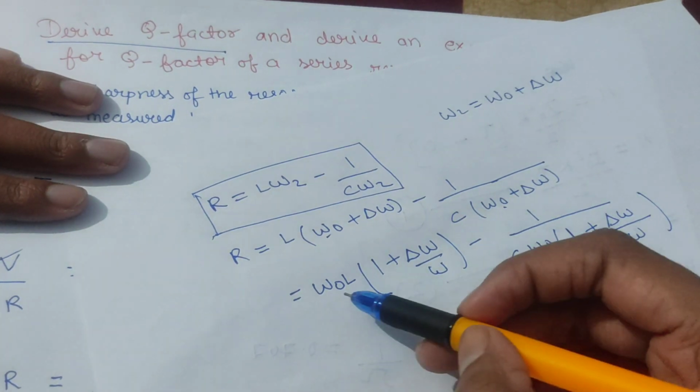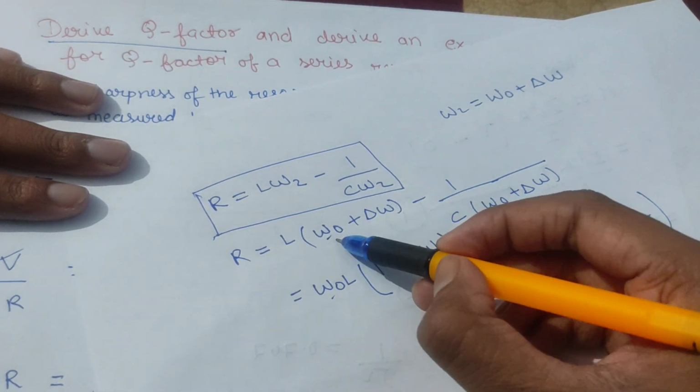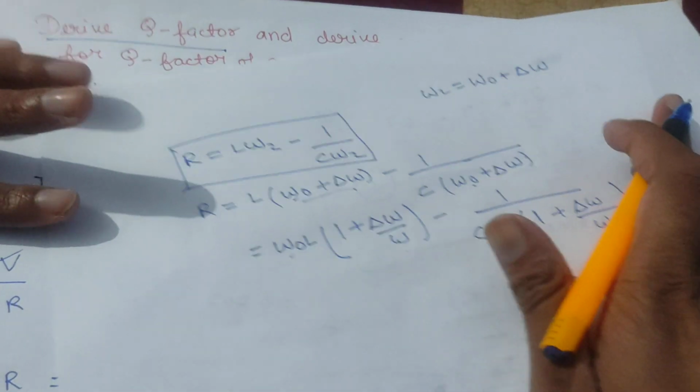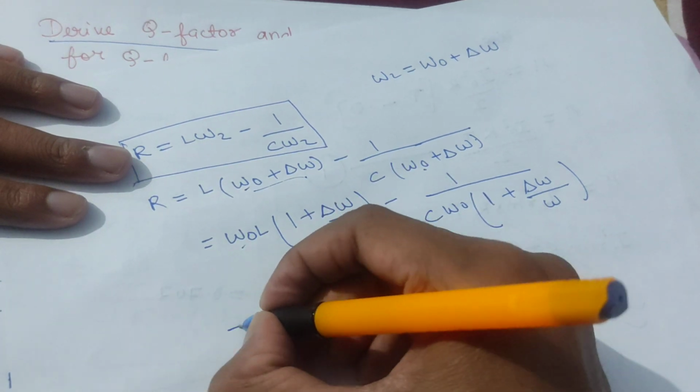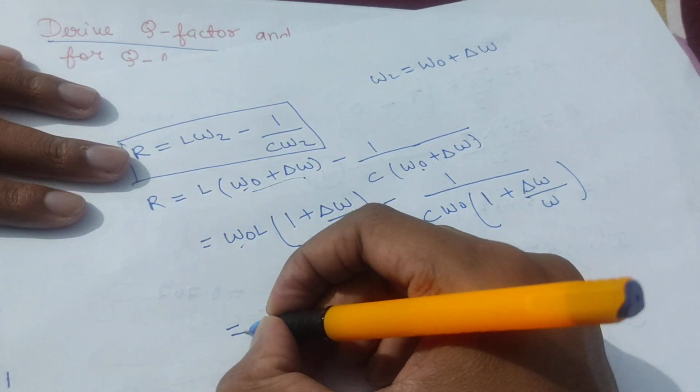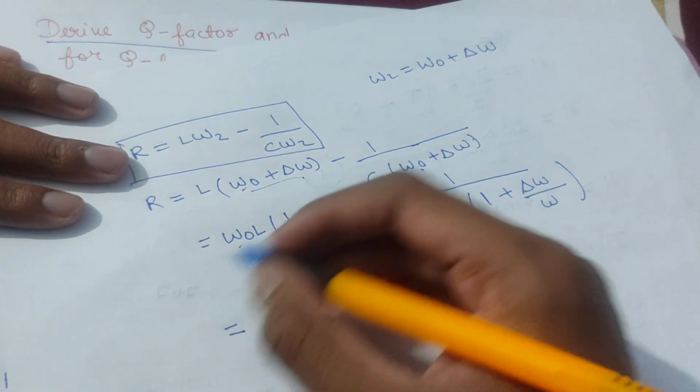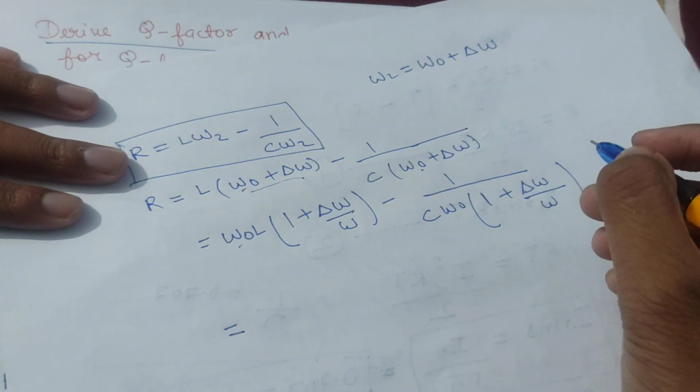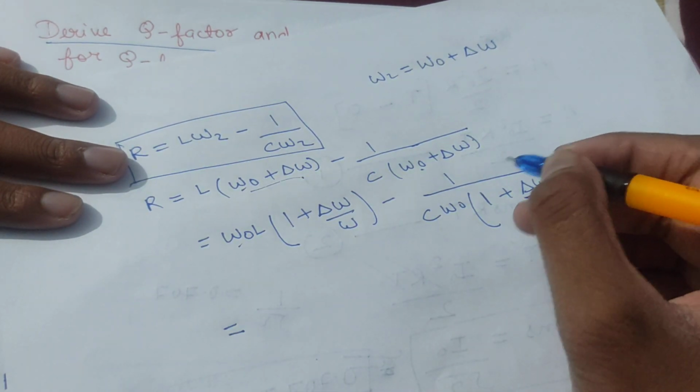If you have any confusion, then multiply omega naught to the here, you will get this equation, okay. So it is very simple math. So now just multiply, and you need to do nothing else.